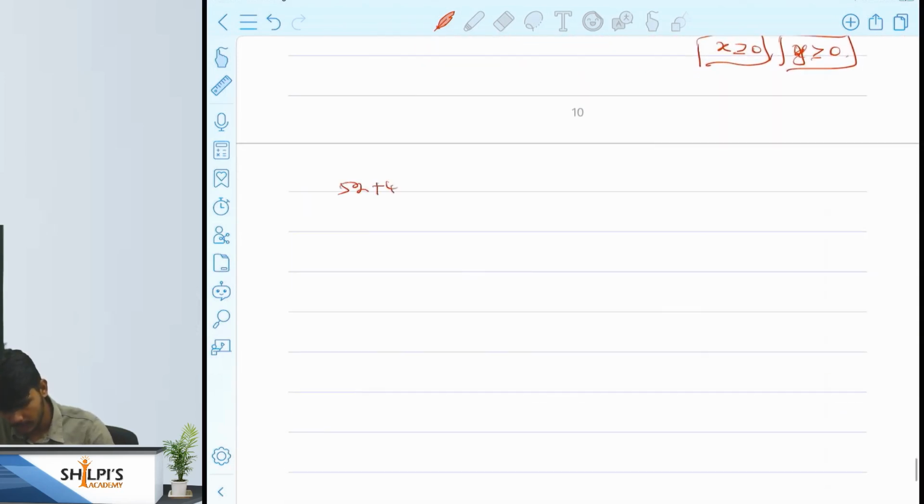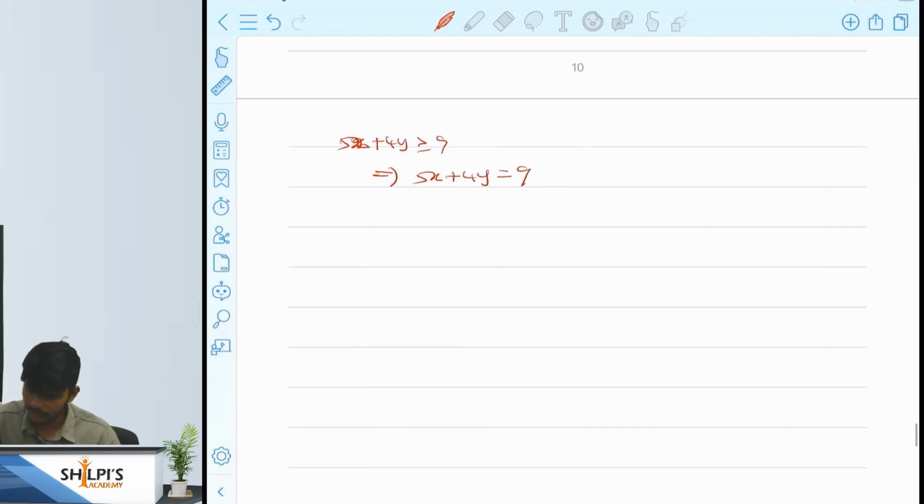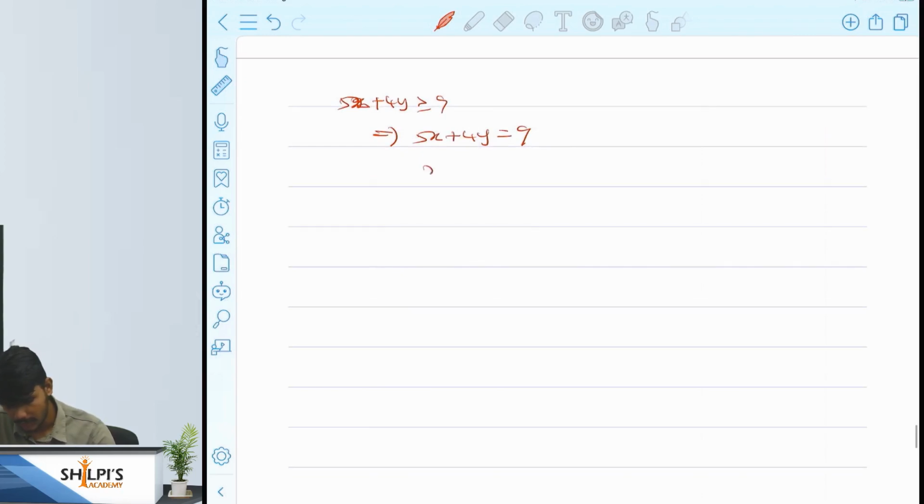5x plus 4y greater than or equal to 9. I will take 5x plus 4y equal to 9 to draw a line first. In this I will substitute x equal to 0 and I will get 4y equal to 9. From this y equal to 9 by 4, which is exactly 2.25.